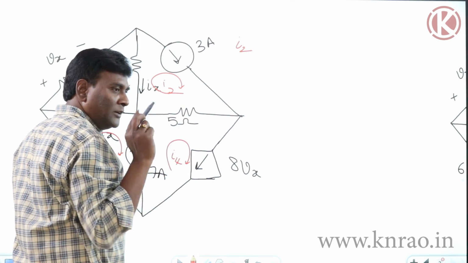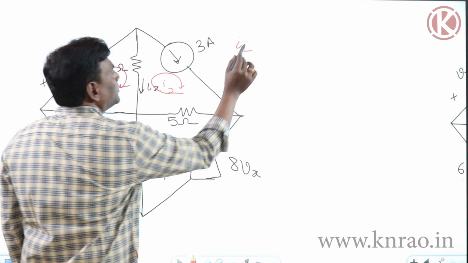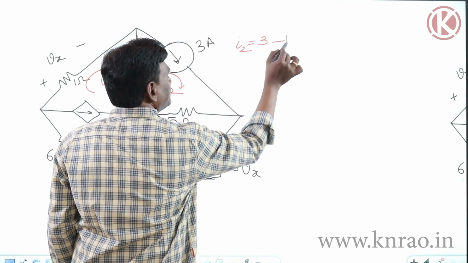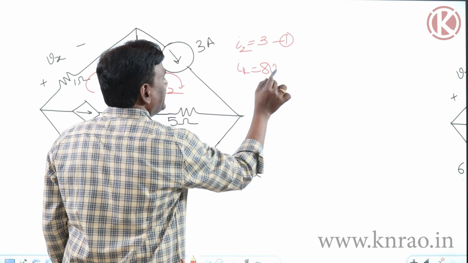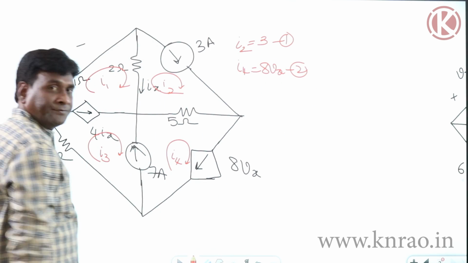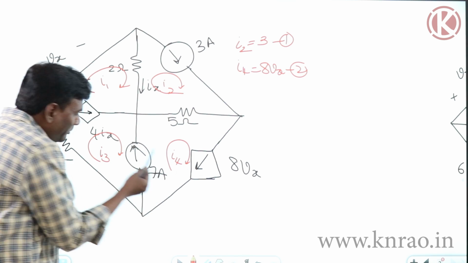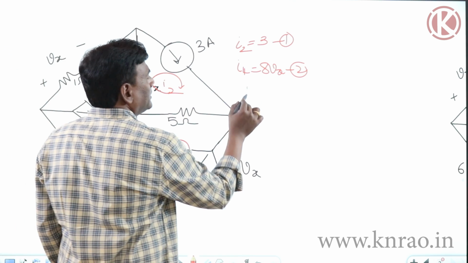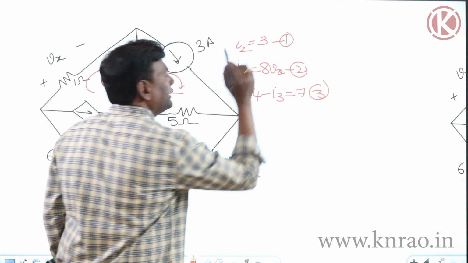In order to find I1, I2, I3, I4, I need 4 equations, right? So how much is I2? Equal to 3. How much is I4? Equal to 8Vx relation. So I4 minus I3 equal to 7. Third relation.